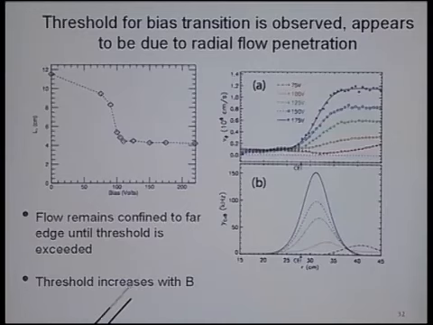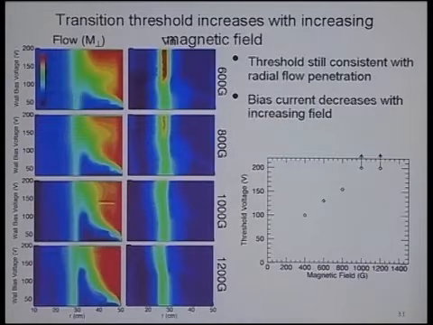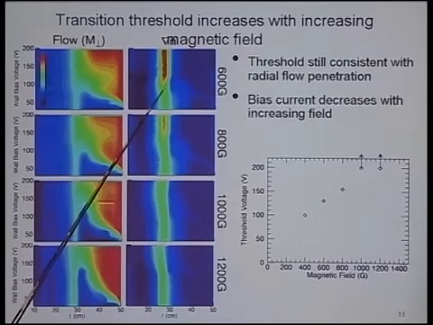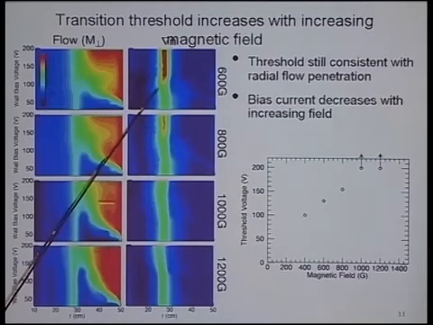This threshold increases with B, which is much more clear in this plot of four different fields. In the low field case, when you get to about 100 volts and start seeing larger amounts of flow, you get this confinement transition, where the gradient of the density goes from fairly small to fairly large.